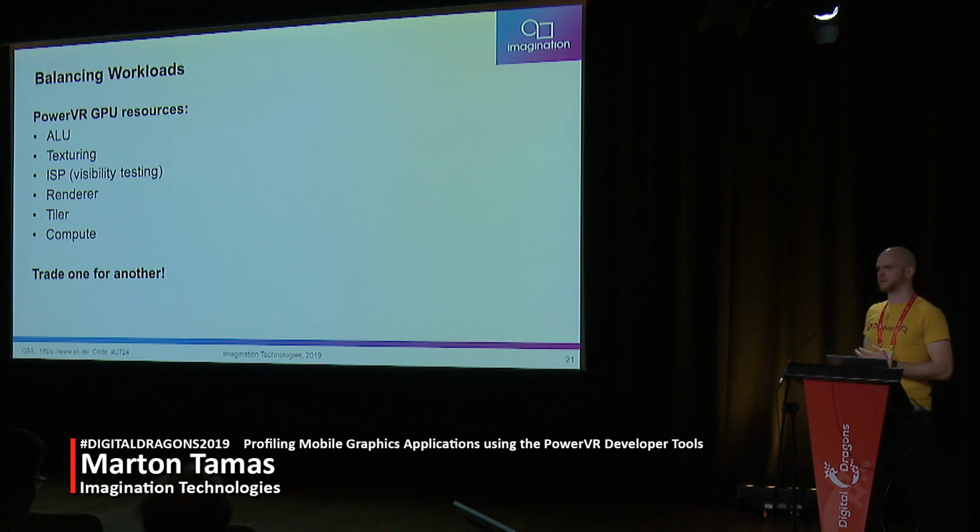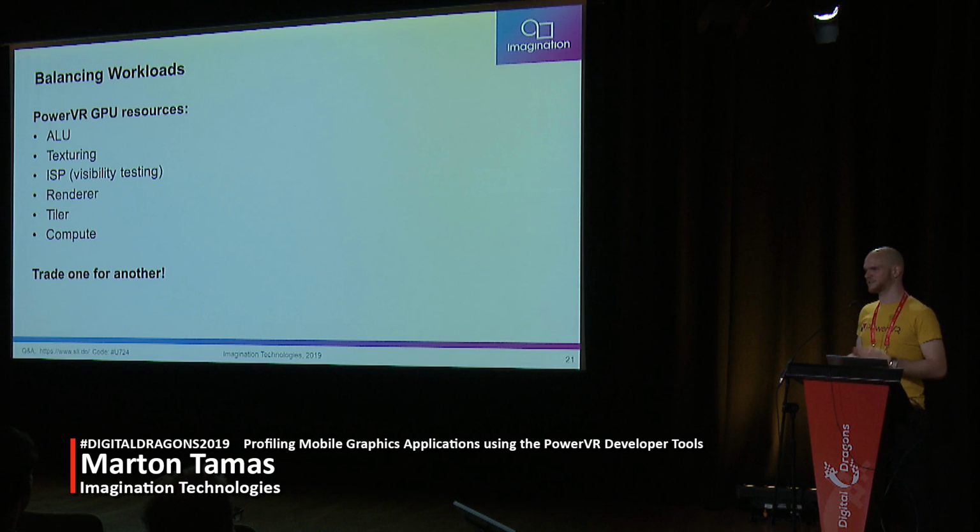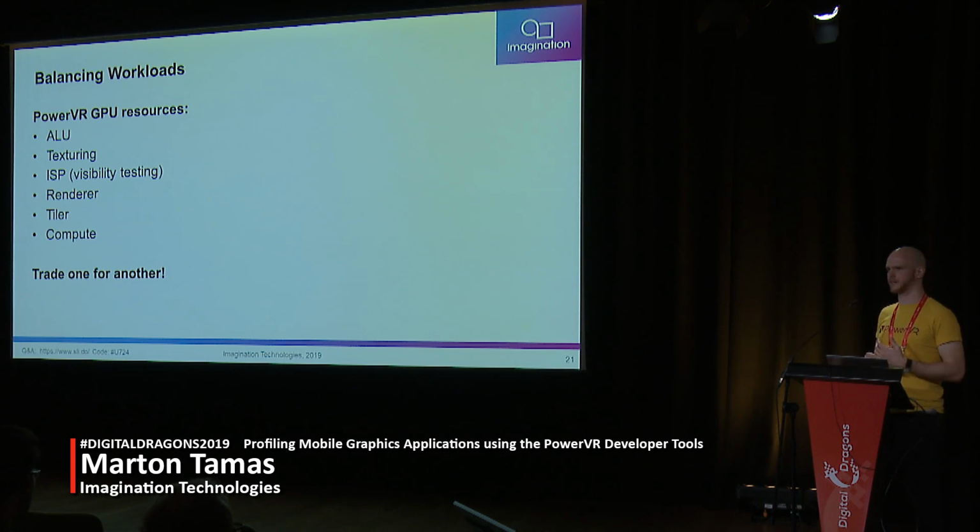Or there could be cases where you're both ALU and texturing limited and you just can't really do anything, such as when you're rendering foliage and you are using alpha testing. In that case, you can run a depth pre-pass, not in the traditional sense, because you wouldn't be writing out depth buffers to system memory, but you're essentially just doing a preparation of the depth buffer on chip. Then you use depth testing to cull all the occluded pixels, so that way you can utilize the hidden surface removal capabilities of our hardware again.